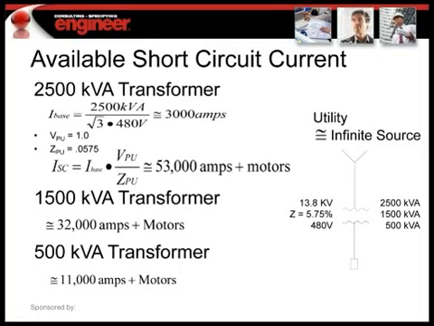Based on some very simple calculations, you can see the fault current magnitudes range from somewhere between 11,000 amps and up to 53,000 amps, plus the contributions from the motors within the facility. This is just to give you an idea of the magnitude of some of the short-circuit currents that are available in an arrangement that looks like this.